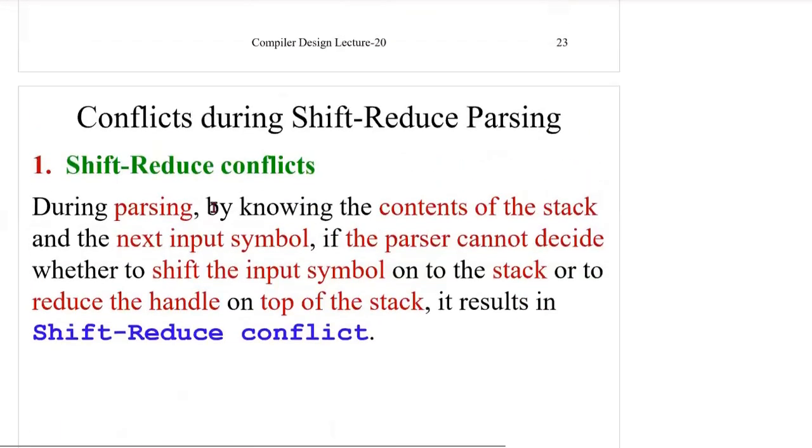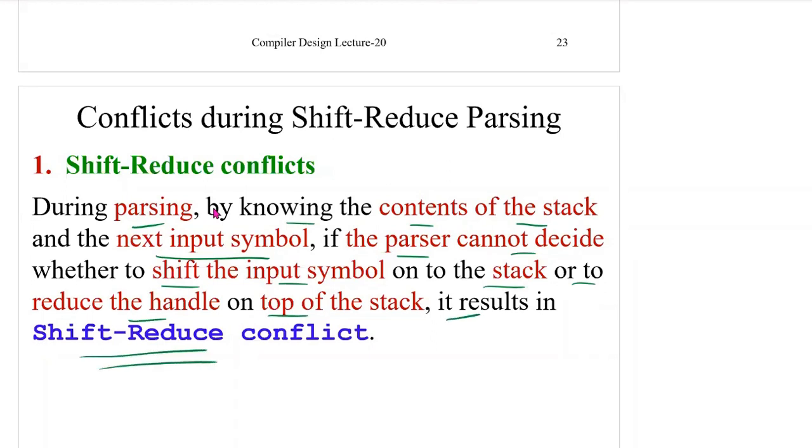Let us see the first one, shift reduce conflicts. During parsing, by knowing the contents of the stack and the next input symbol, if the parser cannot decide whether to shift the input symbol onto the stack or to reduce the handle on top of the stack, it results in a shift reduce conflict.